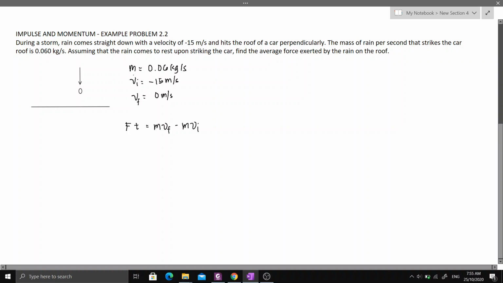So, notice that the mass is given in terms of kilogram per second. So, we can omit this term.